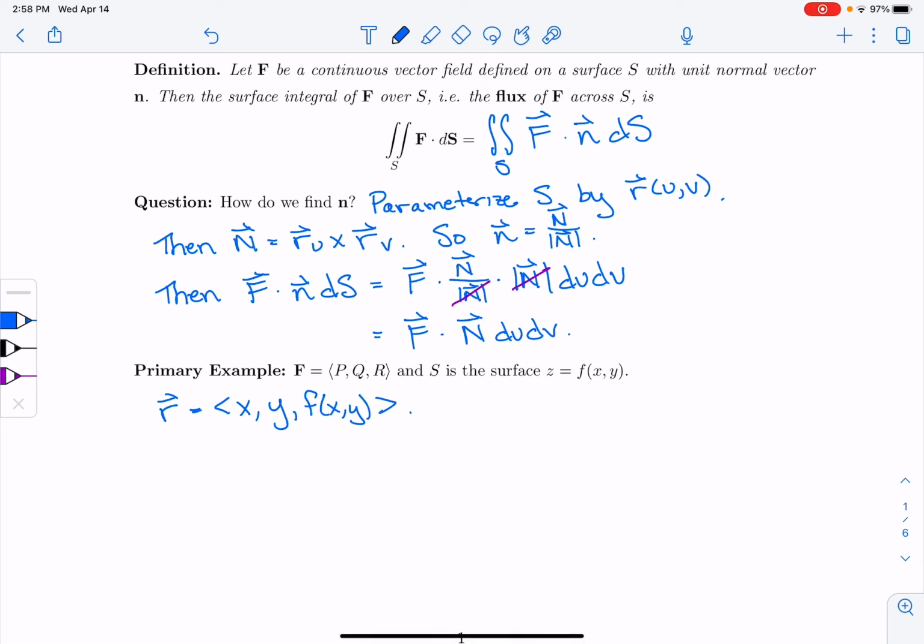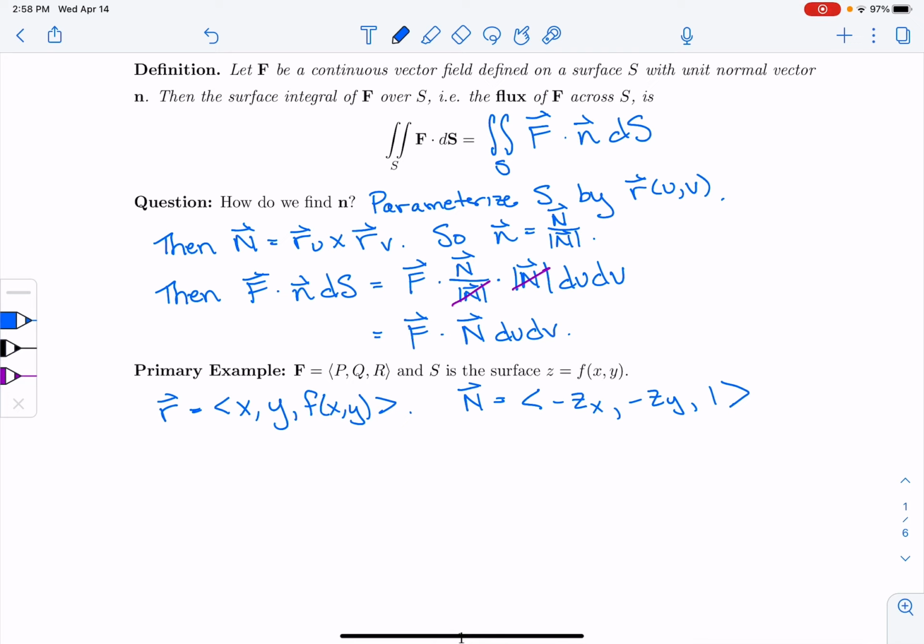Well, previously we saw that the normal vector in this case was minus the derivative of z with respect to x, minus the derivative of z with respect to y, and then 1. So when doing surface integrals over surfaces z equals f of x, y, we were able to parameterize that surface x, y, f of x, y, and then we were able to see that the normal vector was just minus z sub x, minus z sub y, and then 1.